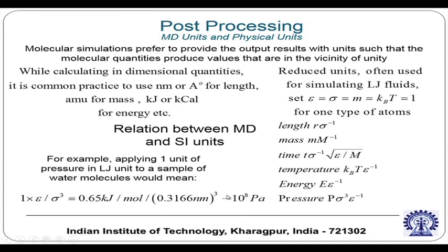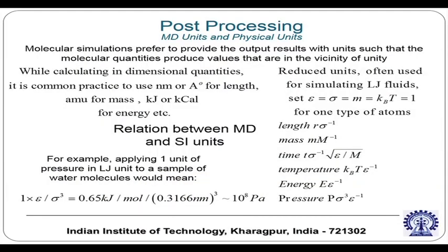So many times in molecular dynamics we say 1 unit of pressure, that will typically mean this kind of physical unit. So as an engineer we should be comfortable with converting from the reduced unit to the physical unit, because we are commonly asked to design a practical problem where the units are physical units and not just the Lennard-Jones or the reduced units.